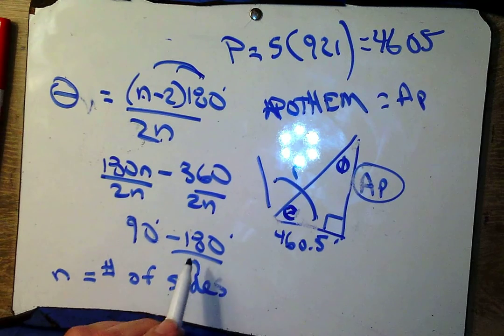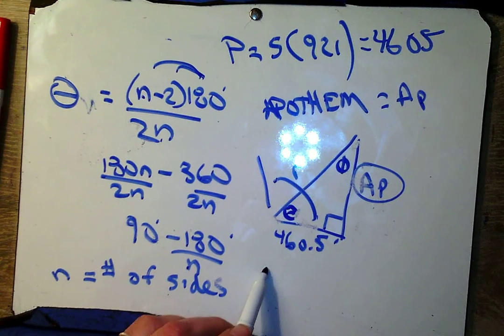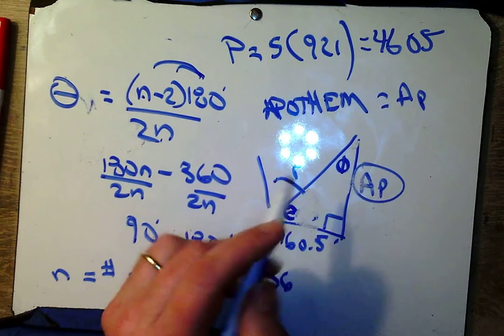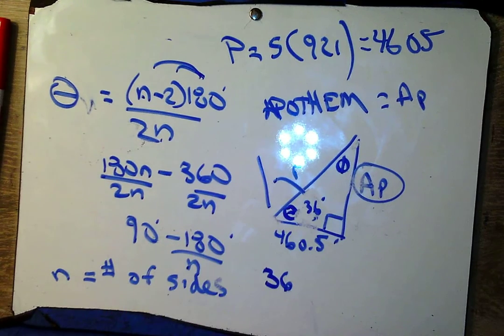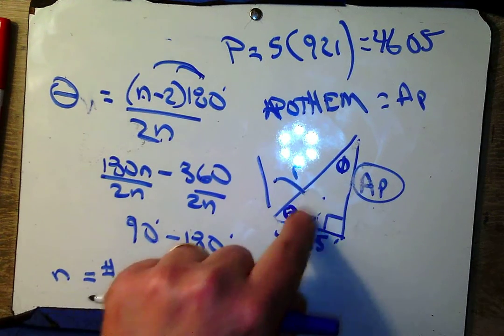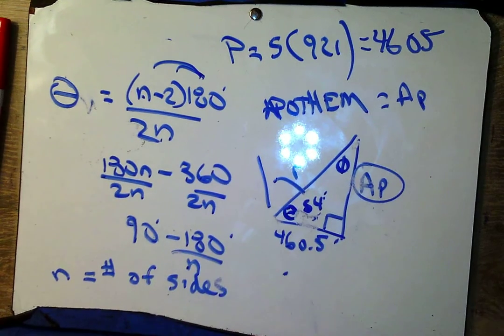Well, that's going to be 36, because 36 times 5 is 150 plus 30, which is 180, yes. So I get that this angle is 36 degrees. Doesn't quite feel right. Oh, it's 90 minus 36 degrees. Oh, that feels much better. 54. So I get 54 there.